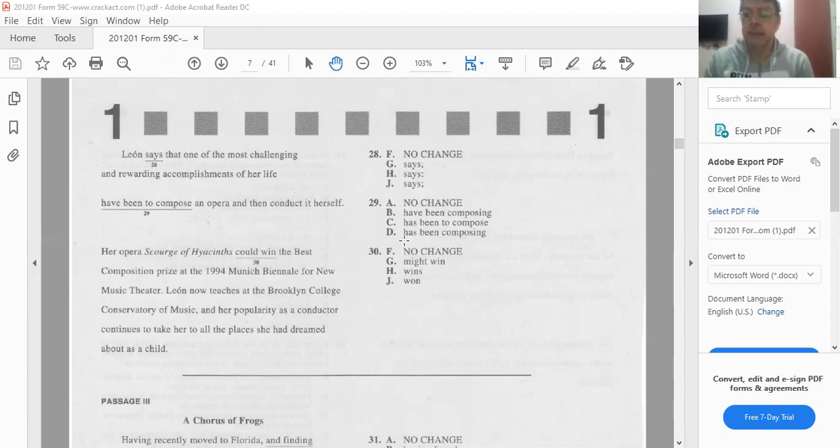So that's just verb tense because it happened in the past and has nothing to do with the present or future. So we should choose a verb in the past form. So the best form of win is won. If we read it, her opera won the best composition prize at the 1994 theater event. So she won the best composition prize.